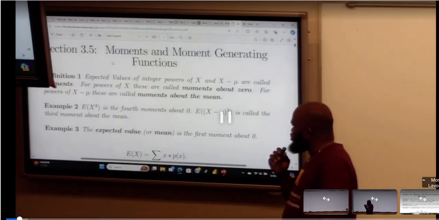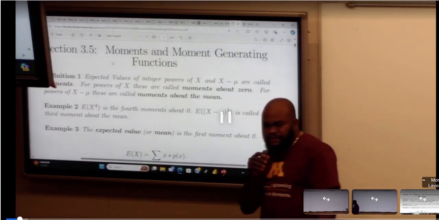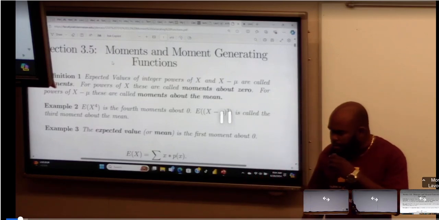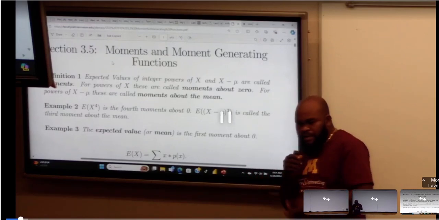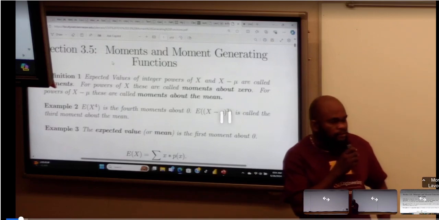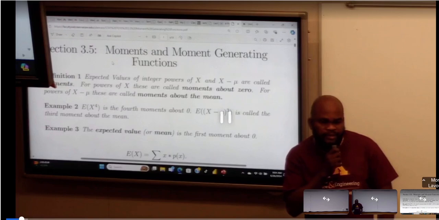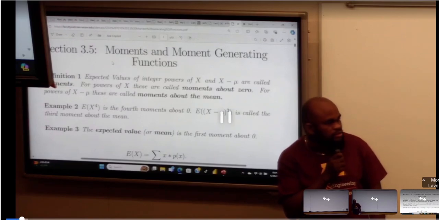Let me introduce you to another statistical topic. Of course, before now, I actually walked you through some discrete probability distributions.